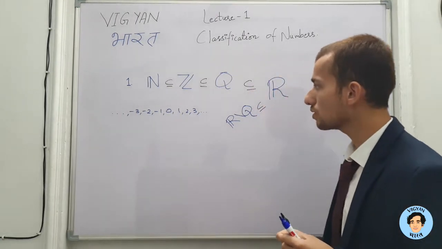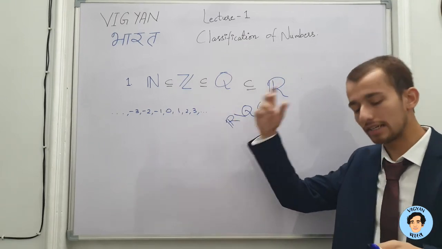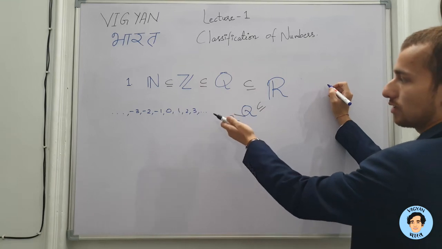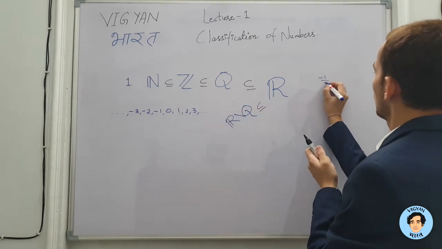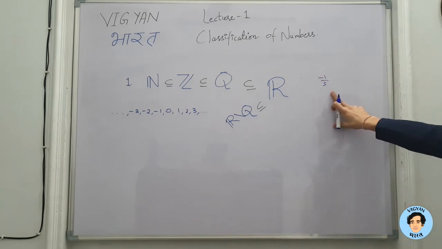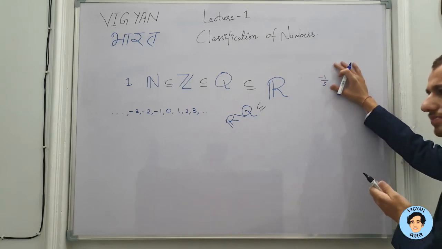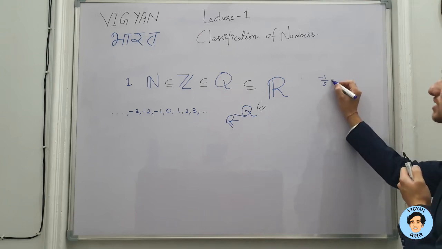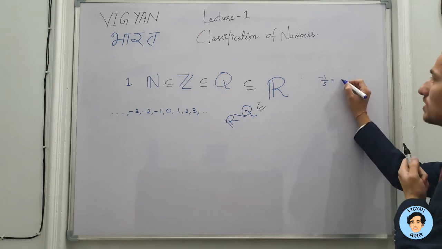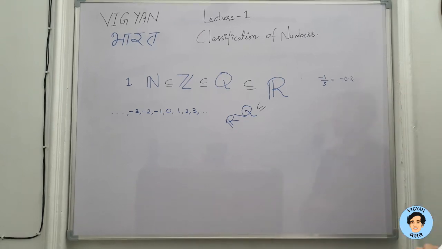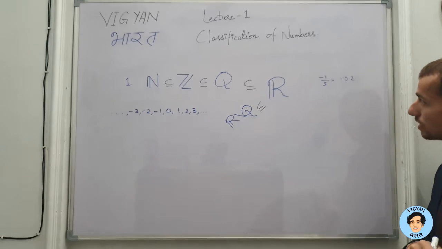So you must observe that if we take two numbers, for example -1 and 5, then this expression, when we apply division over these two, is nothing but a fraction. It has a decimal representation, which is minus 0.2.